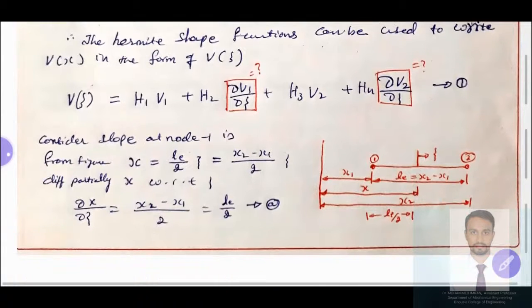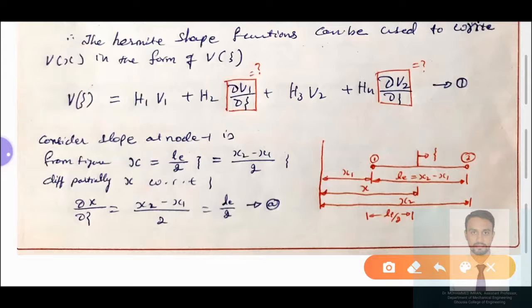The field variable in terms of the natural coordinate zeta along the x axis, v of zeta, is equal to h1 v1 at node number 1. h1 is the Hermite shape function at node number 1 due to the displacement v1 that occurs at node number 1 in the transverse direction. Similarly, plus at node number 1 rotation takes place.